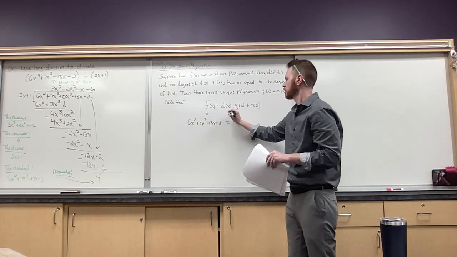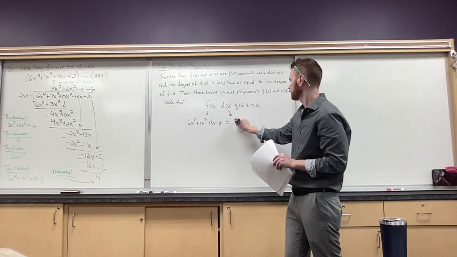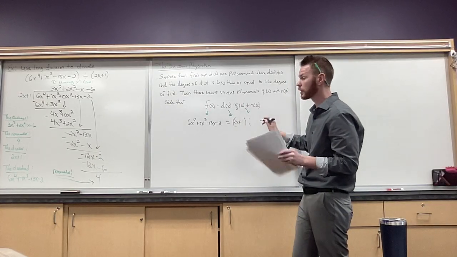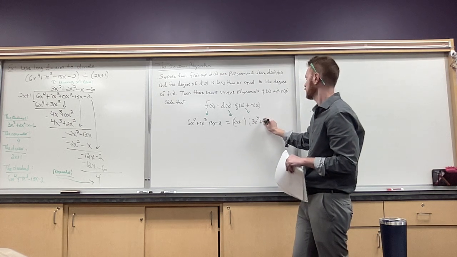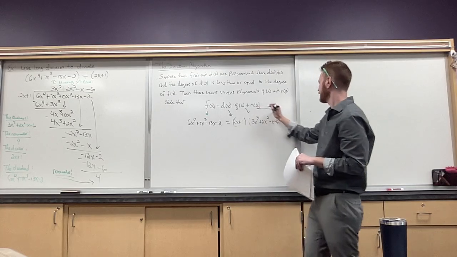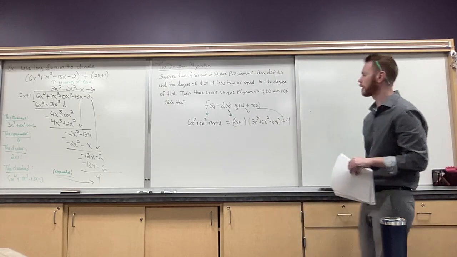Okay. So my divisor, what am I divided by, is 2x plus 1. Okay. What's my answer? My quotient is going to be the 3x cubed plus 2x squared minus x minus 6. And then r of x is my remainder, which is 4.